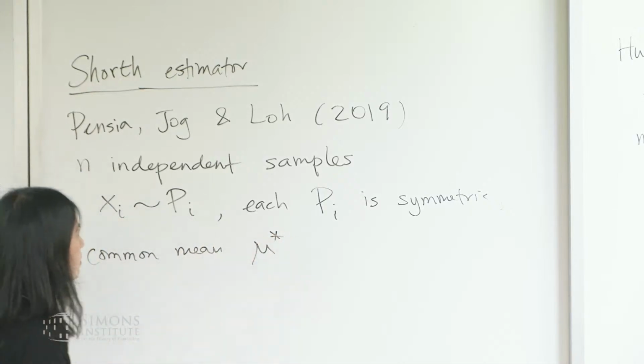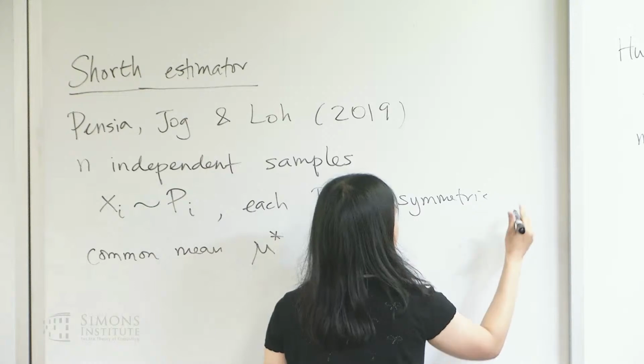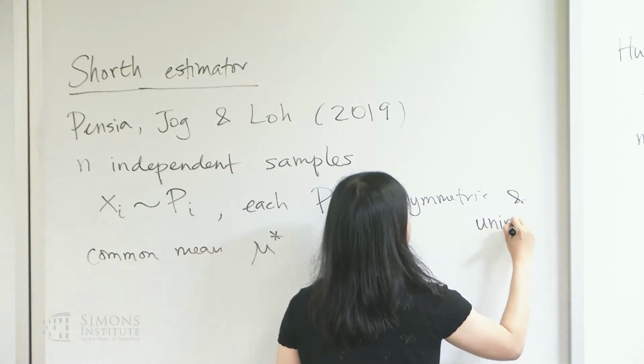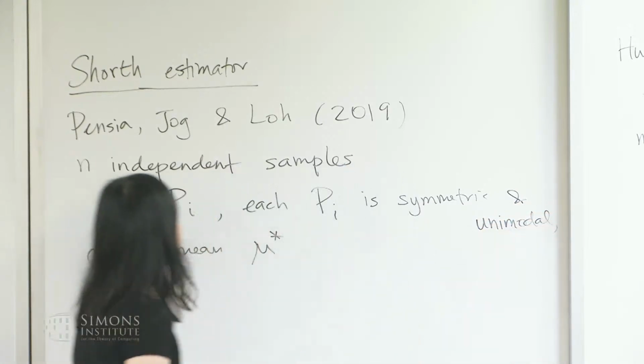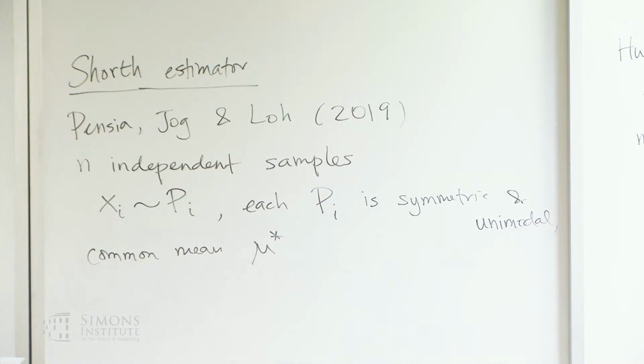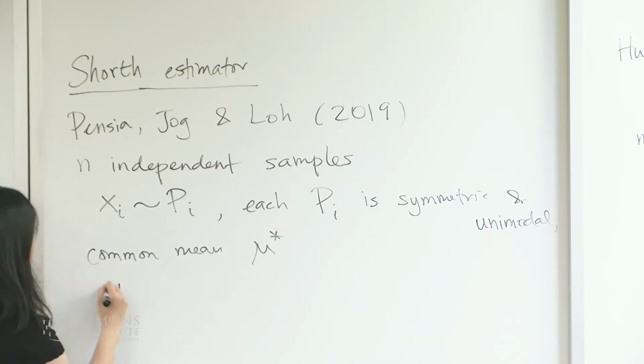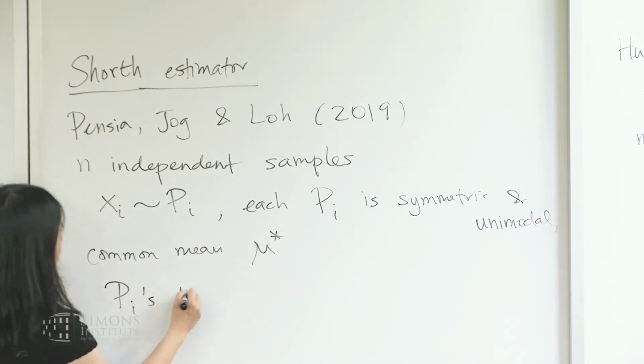I should say symmetric, and I think for our work we needed unimodal. Okay, with a common mean mu star, and the pi's are unknown a priori.